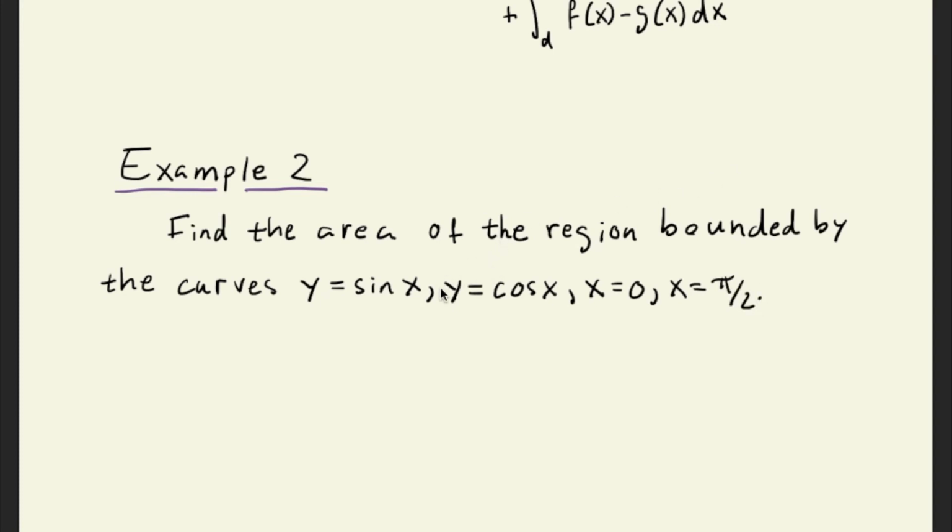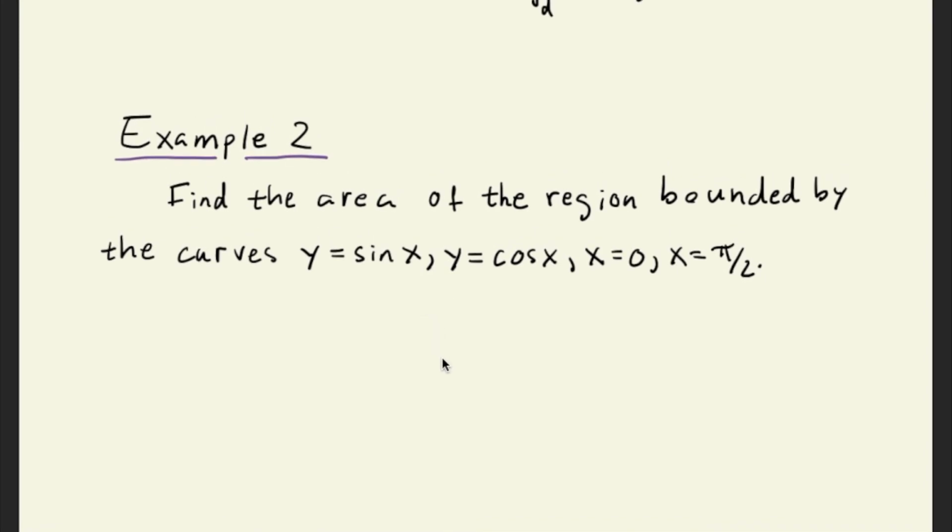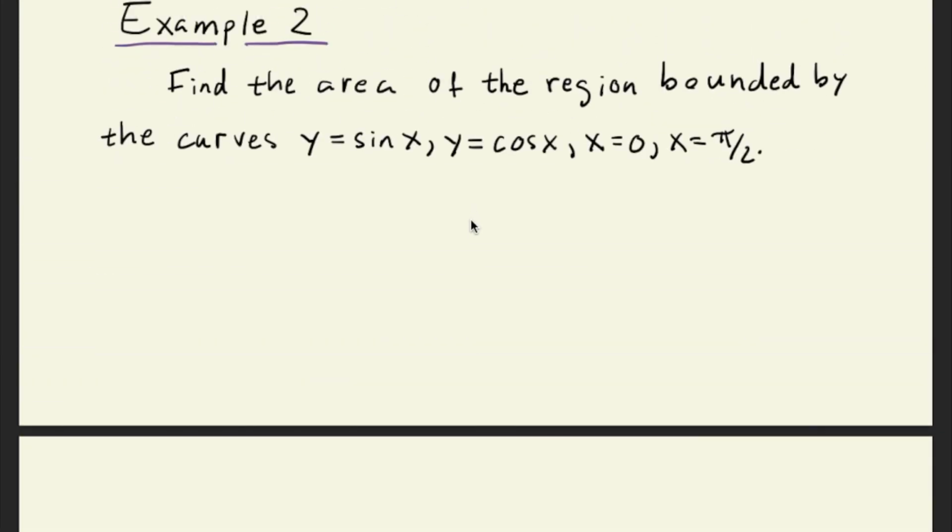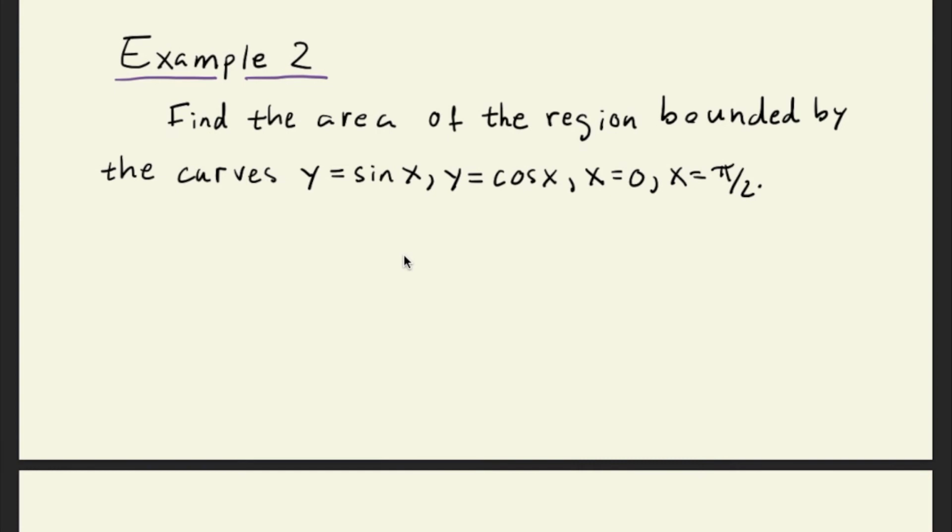Okay, so the first step again is to draw the region. In these problems, you really need to draw to understand what you have to do to compute the area. So I'm going to start by drawing the axes, x and y. And these curves, sine of x and cosine of x, are more complicated than these ones.